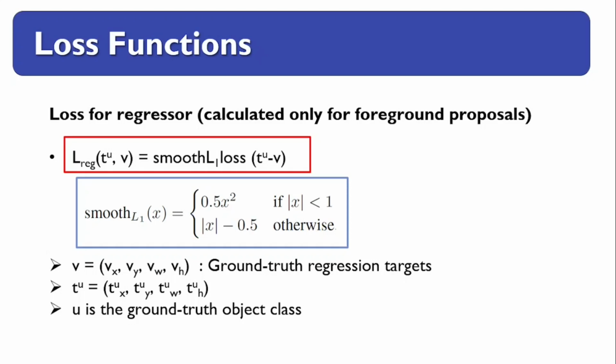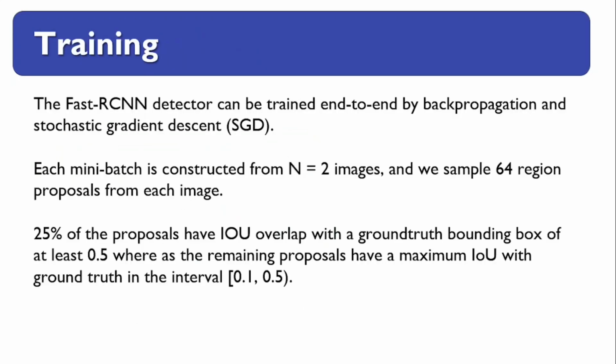Having defined the ground truths and the loss functions, the Fast RCNN detector can be trained end-to-end by backpropagation and stochastic gradient descent. Each training mini-batch is constructed from 2 images, and we sample 64 region proposals from each image, where 25% of the proposals have IOU overlap with a ground truth bounding box of at least 0.5, whereas the remaining proposals have a maximum IOU in the interval 0.1 to 0.5.